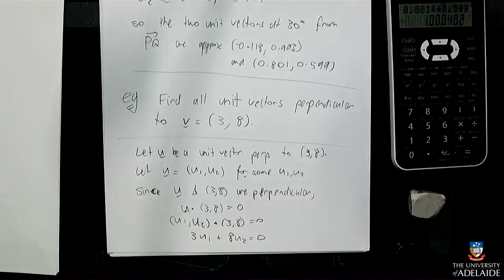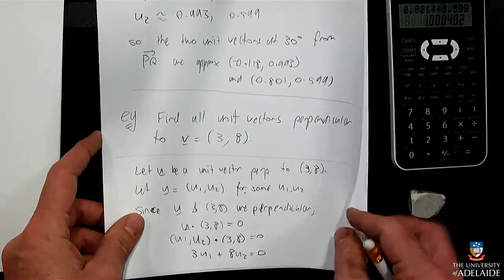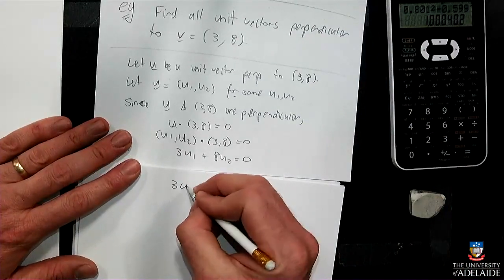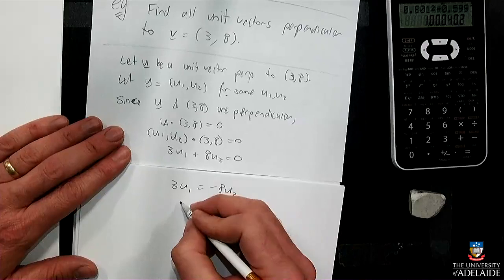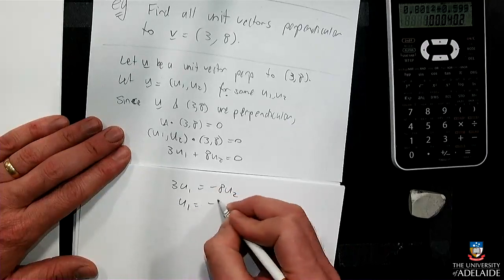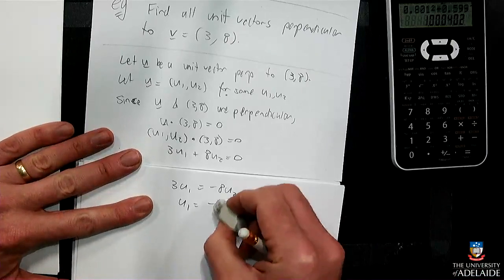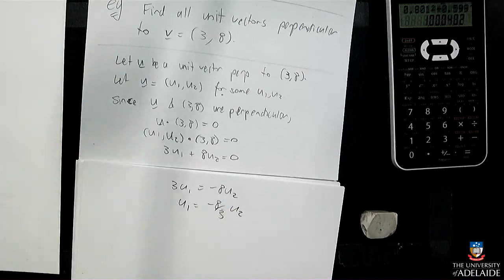Okay, so I can actually write u1 in terms of u2, or u2 in terms of u1. So 3u1 is minus 8u2, and so u1 is minus 8/3 of u2. I could just as easily have written u2 in terms of u1, but that's good, and that's a nice simple relationship between u1 and u2.